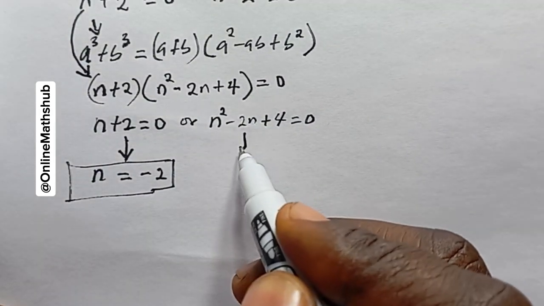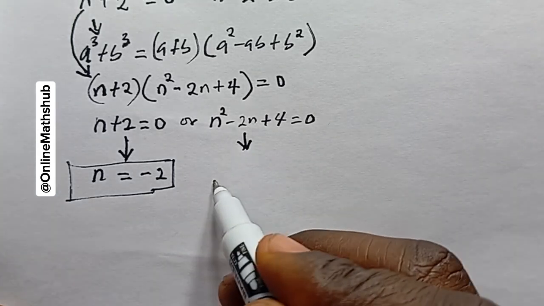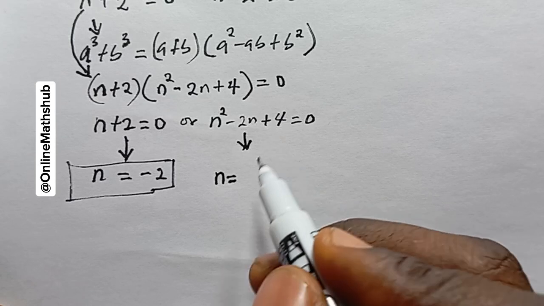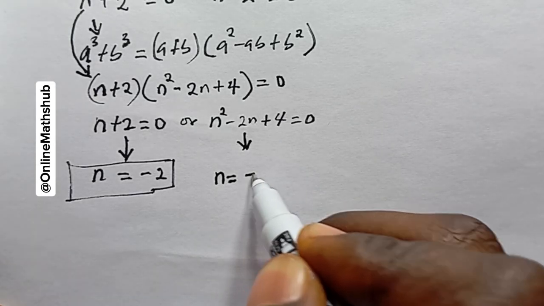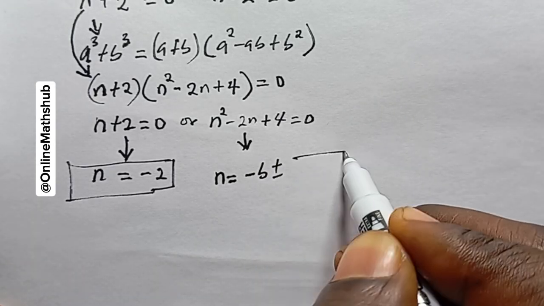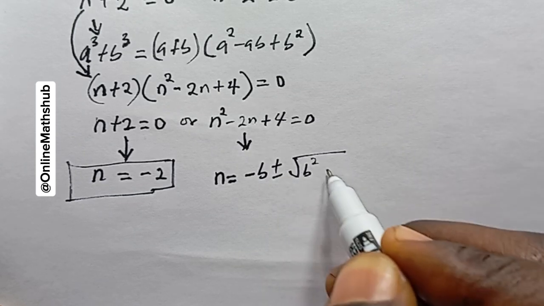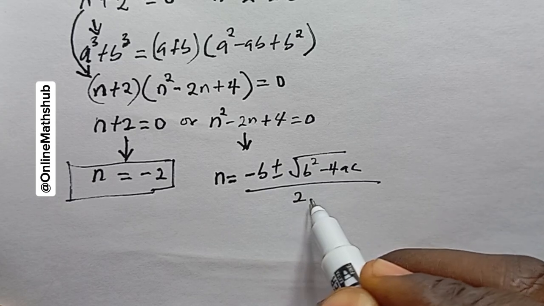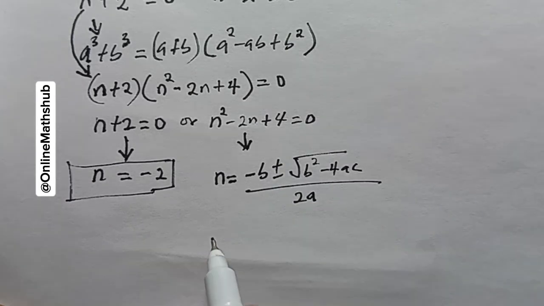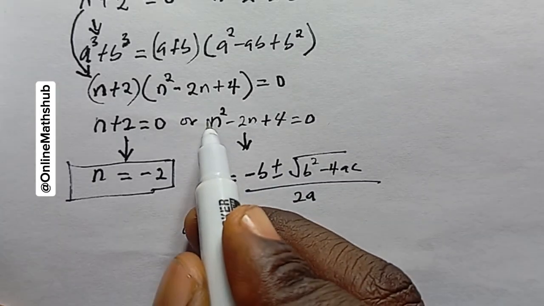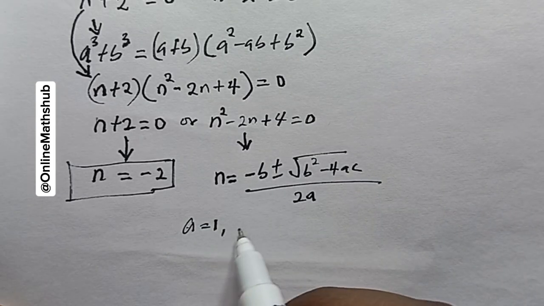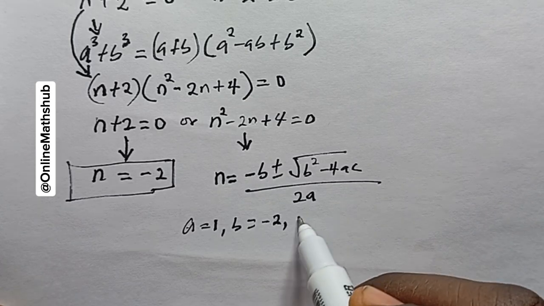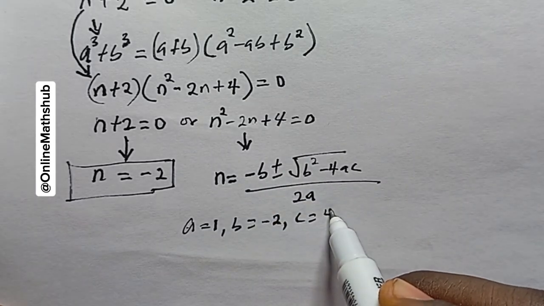But if the second is true, we just need to apply the quadratic formula, where n is equal to minus b plus or minus the square root of b squared minus 4ac, all divided by 2a. In this case a, the coefficient of n squared, is equal to 1, b, the coefficient of n, is equal to -2, and c, the constant, is equal to 4.